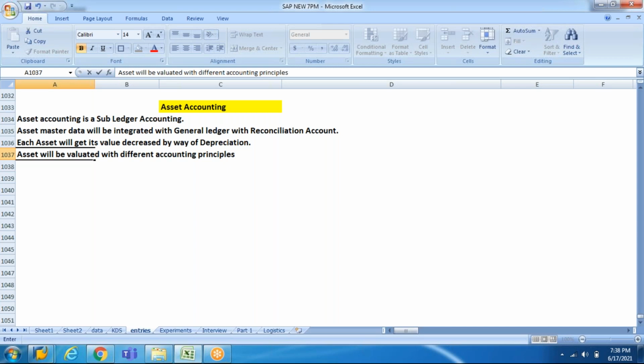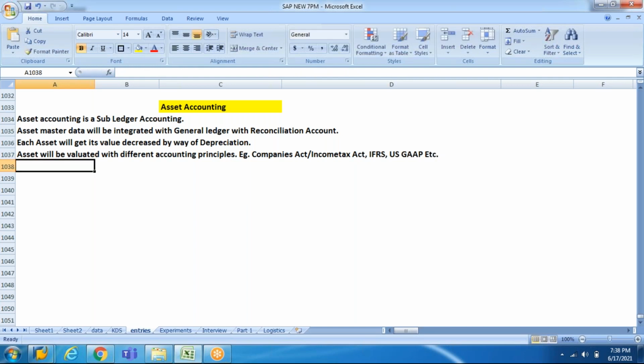Different accounting principles. Example, Companies Act, Income Tax Act, your IFRS, US GAAP, etc.